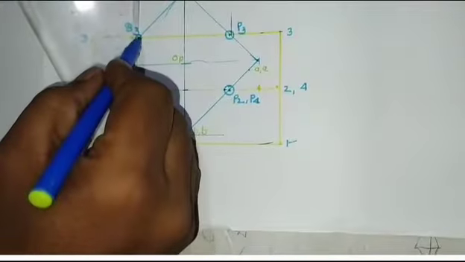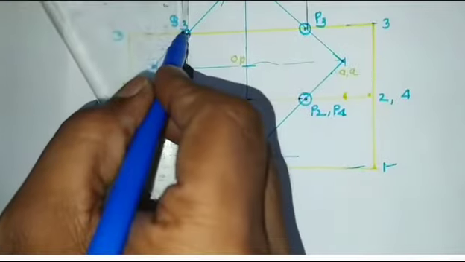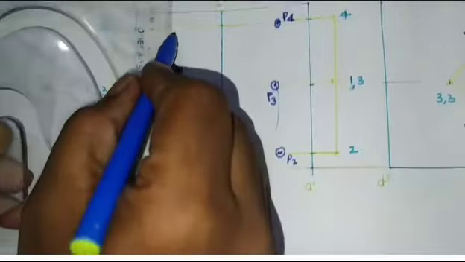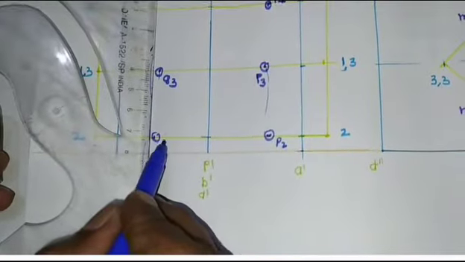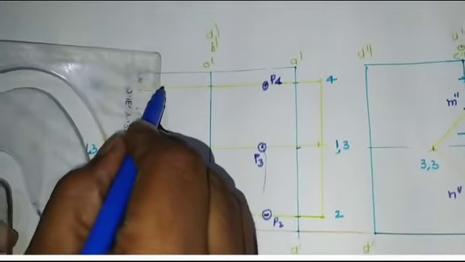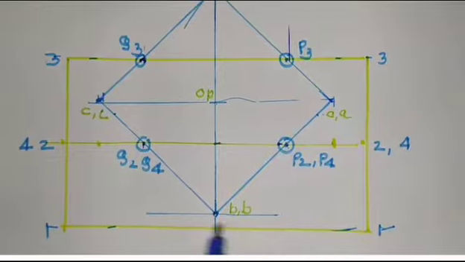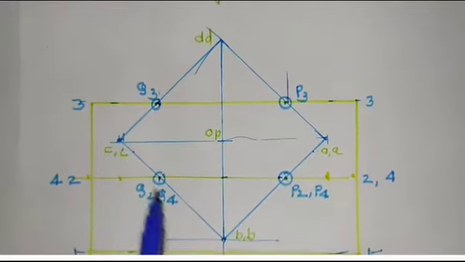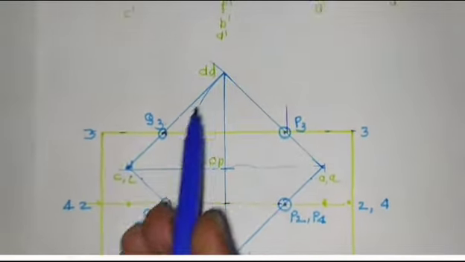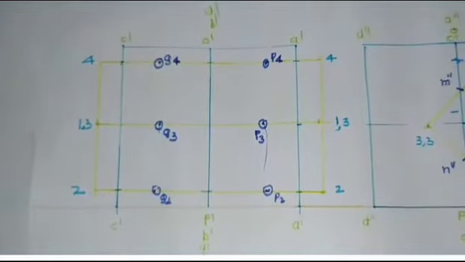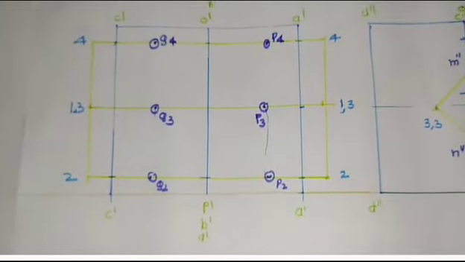This is the point Q3. This is the point Q2, Q4. This 1, 1 edge does not cross any part of the vertical solid, so it will not contribute in the line of intersection. So it is not necessary to take Q1 or P1.